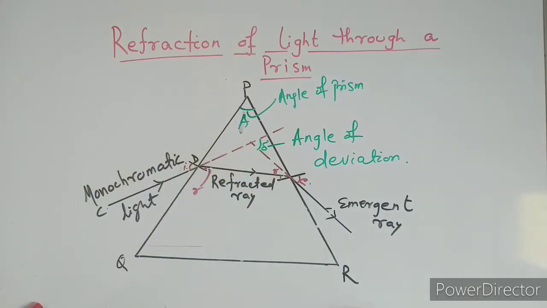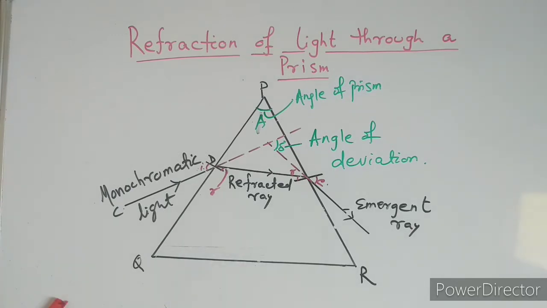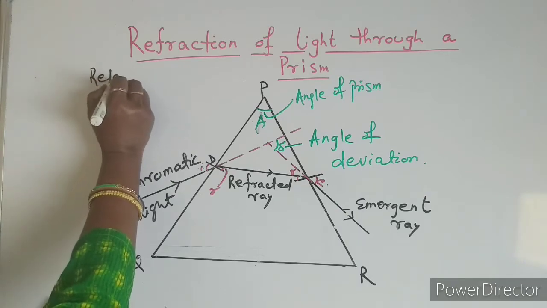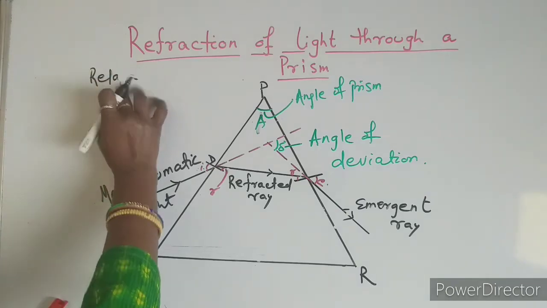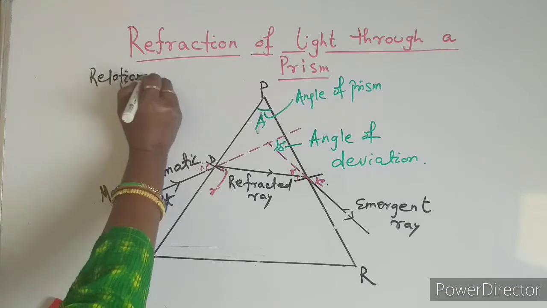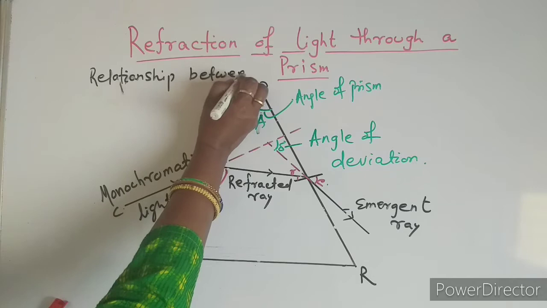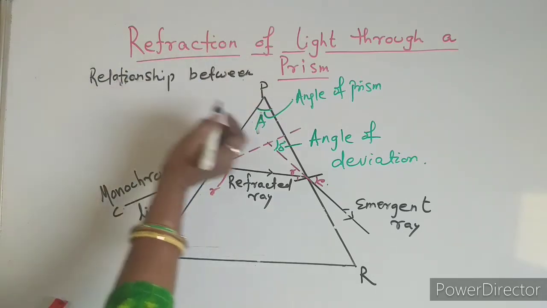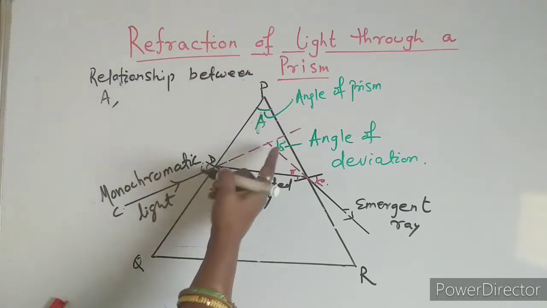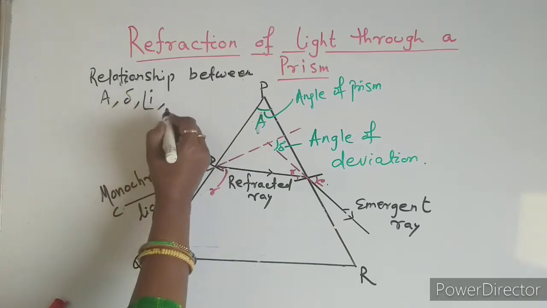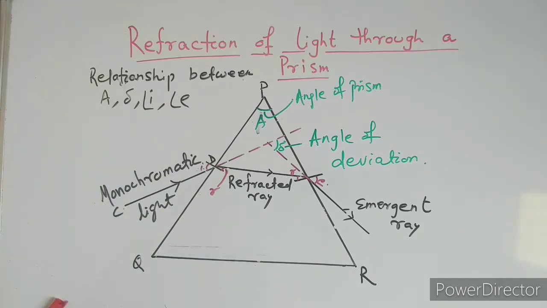So let us find out the relationship between the angle of prism A, angle of deviation delta, angle of incidence I, and angle of emergence E. What will be the relation between them?